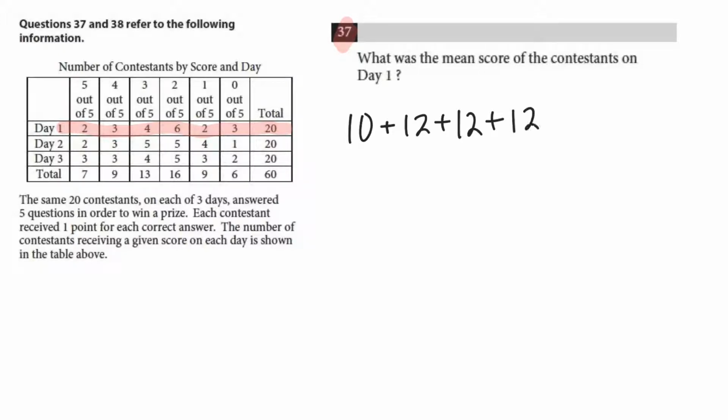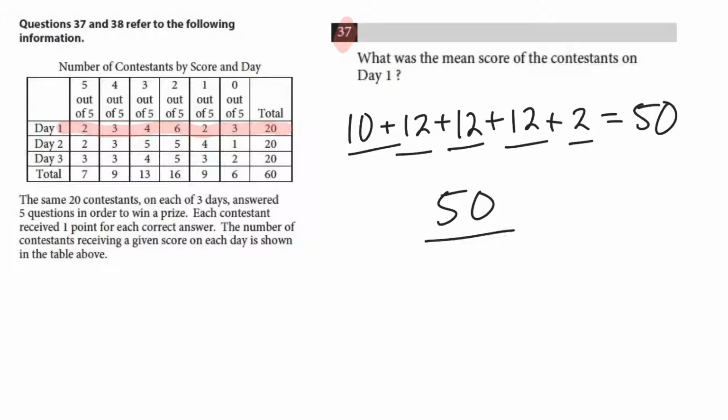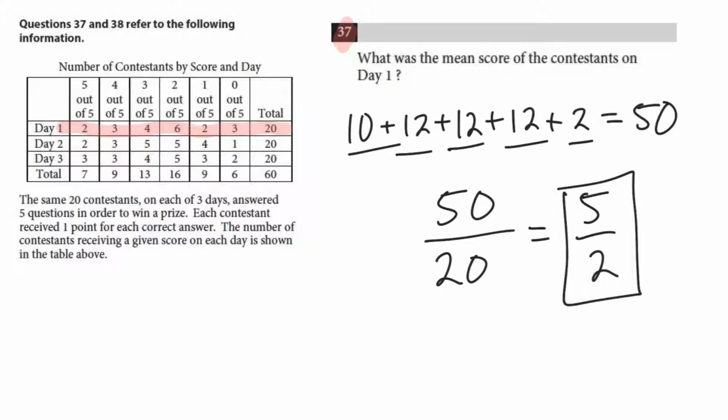That would also be 12. And 2 scored 1. And 3 scored 0. Okay, so what is that total? That's going to be 10 and 12 is 22, and 12 is 34, and 12 is 48, and 2 is 50. Okay, so that's going to be a total of 50, and we have 20 individuals, so that's going to be 5 halves would be the mean score for day 1.